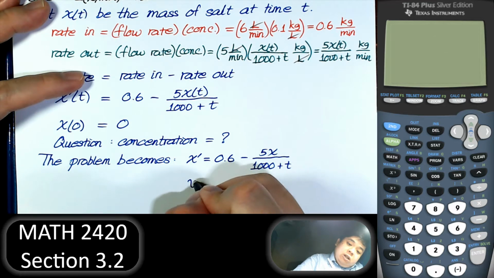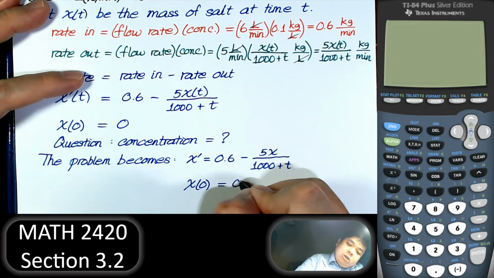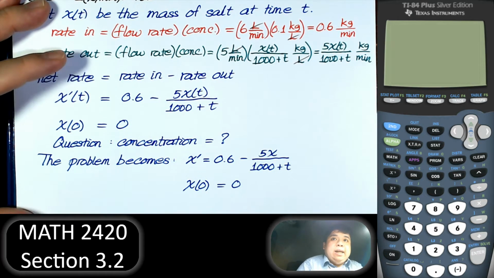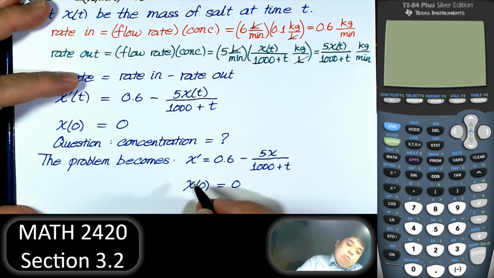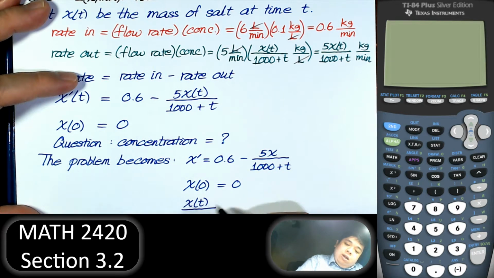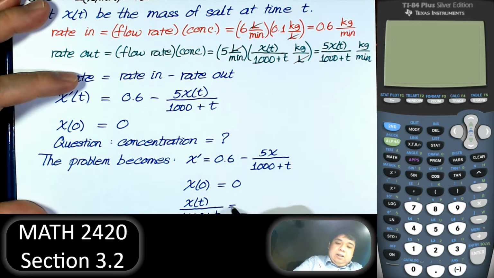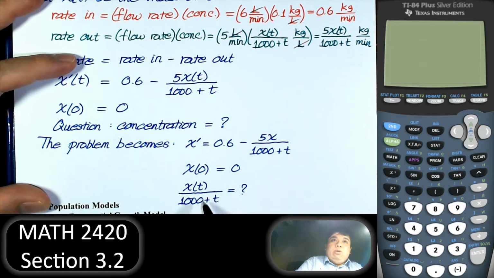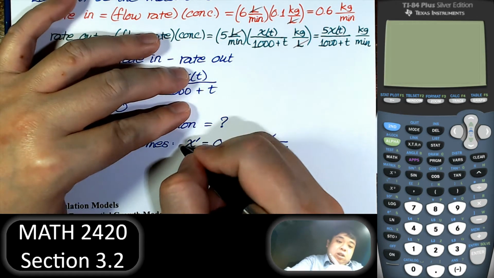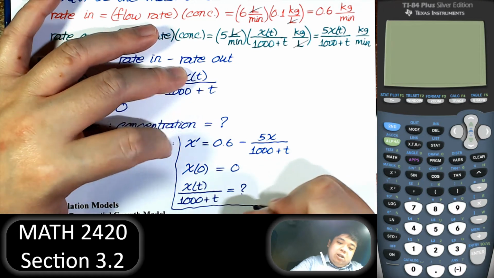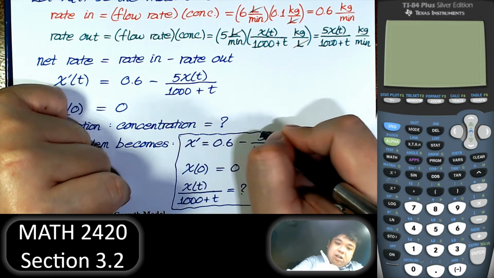The initial condition: initially, there's no salt in the solution in the tank. And the concentration will be the amount of salt over the volume. We will solve for x of t after, and x of t divided by 1000 plus t is going to be our answer. So the concentration is going to be that. So that is the problem.